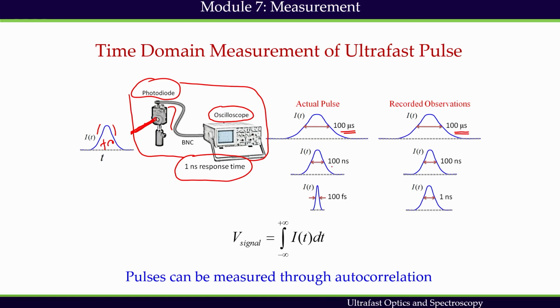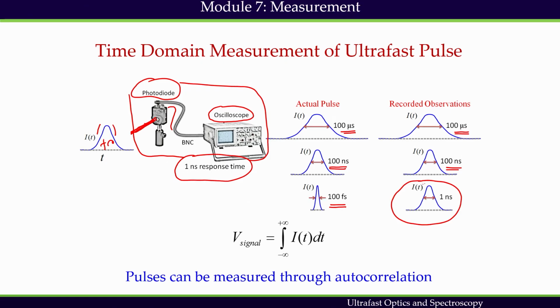But if we take a 100 nanosecond pulse, then in the oscilloscope we will be able to see the 100 nanosecond pulse as well. But if we take a 100 femtosecond pulse and direct the beam to the photodiode, then what will be our observation? Our observation would be a nanosecond pulse, not a femtosecond pulse.